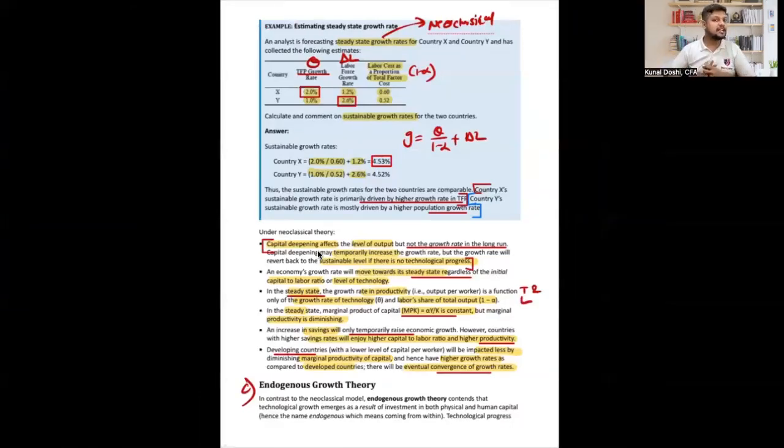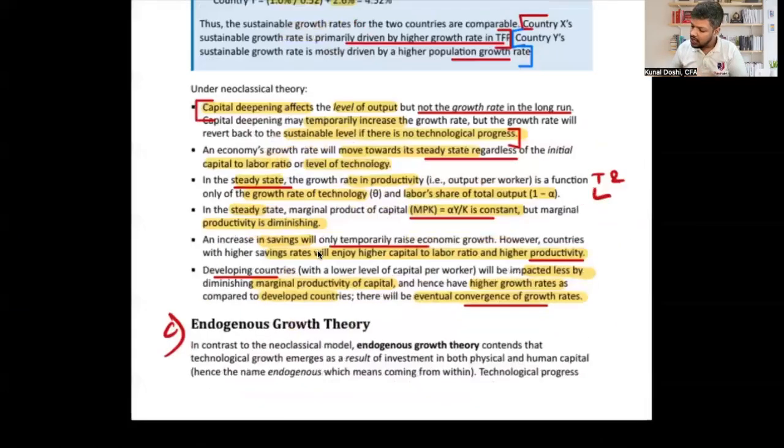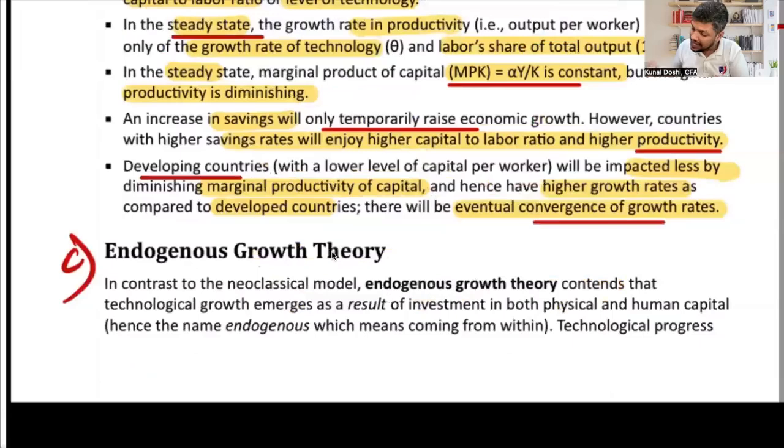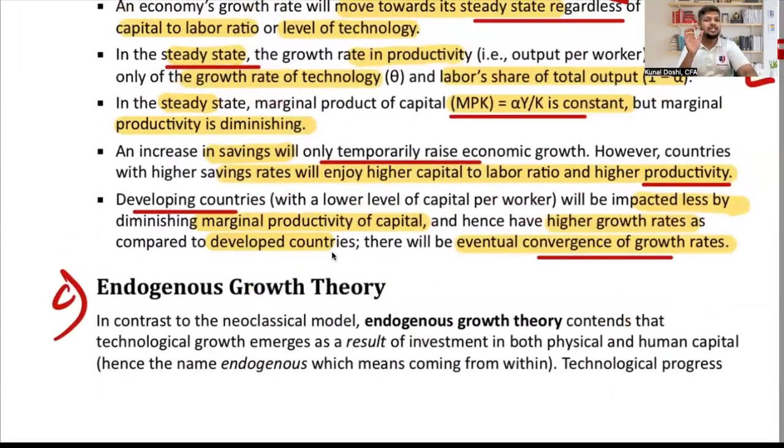So the two theories we've understood are the classical theory and the neoclassical theory. Now, the neoclassical theory mentioned that growth is related to technological progress and the increase in labor, right? But endogenous, the word endogenous means within or inside.